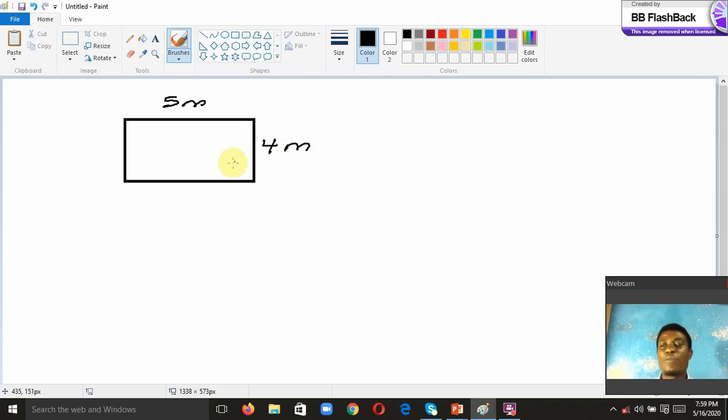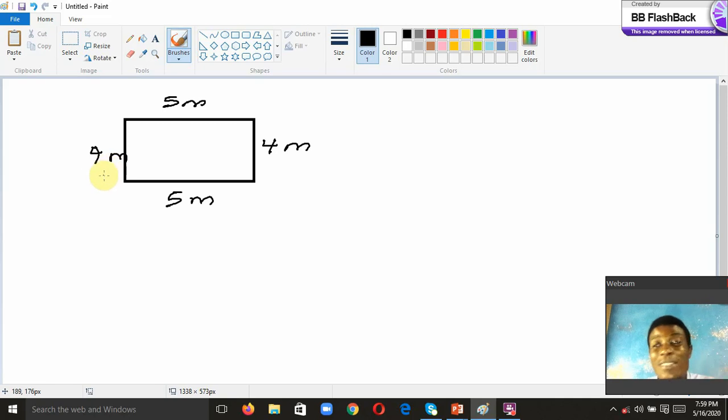We are asked to find the perimeter of the shape. Like I said earlier, perimeter is the total distance around the shape. One of the properties of a rectangle is that opposite sides are equal. So if this side is 5 meters, this is also 5 meters, and this is also 4 meters.